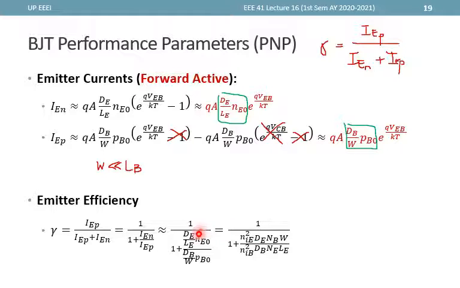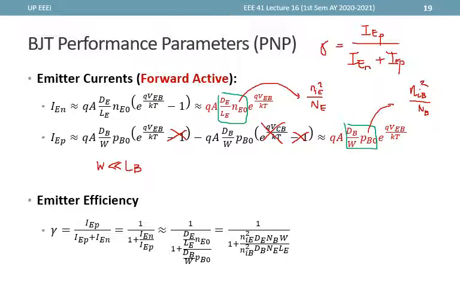So we have here D over LE times NE naught and DB over W times PB naught, but NE naught is equal to NI squared over NE, but if we assume or consider the possibility that Ni for the emitter and the base are different, then we can denote that as NIE, and PB naught will be NIB squared over NB.